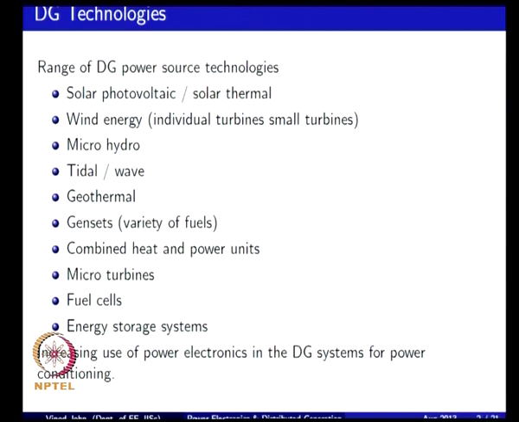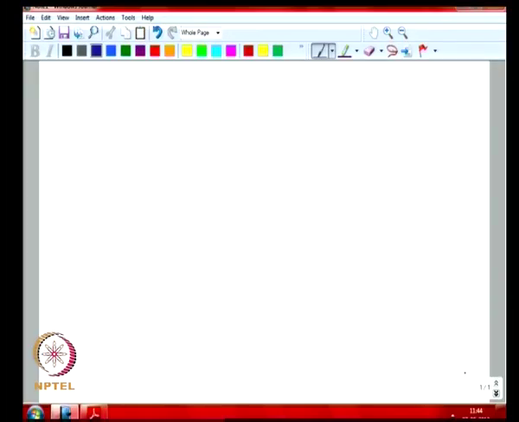And you can see that there is increasing use of power electronics in the DG systems, especially for the power conditioning aspect. If you look at the typical role of power electronics, you can think of a block which you might consider the source or the storage element.